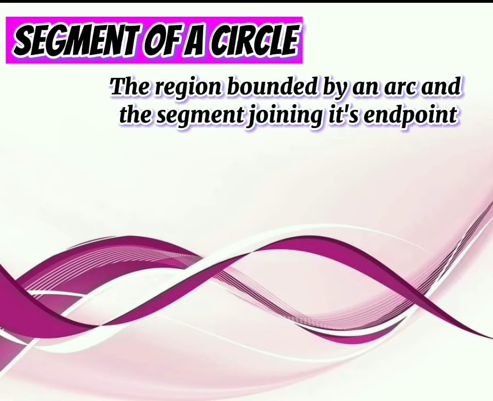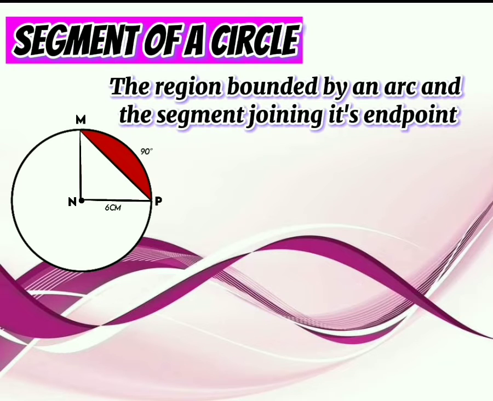So, what about the segment of a circle? A segment of a circle is the region bounded by an arc and the segment joining its endpoints. So it means, in our illustration in circle N, the line segment MP and arc MP with the shaded part is what we call a segment of a circle.